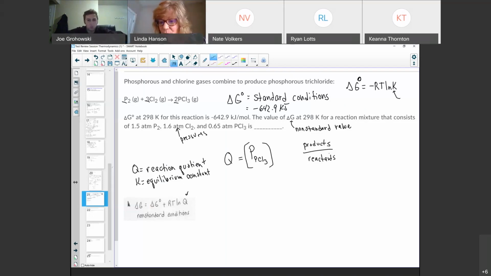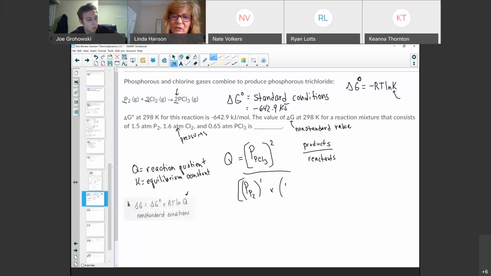Coefficients become the powers we raise each pressure to. The coefficient on the product is 2, so that value has to be squared: the partial pressure of PCl3 squared over the partial pressure of P2, which is just to the first power, times the partial pressure of Cl2, which has to be cubed, since there is a coefficient of 3 in the balanced equation.